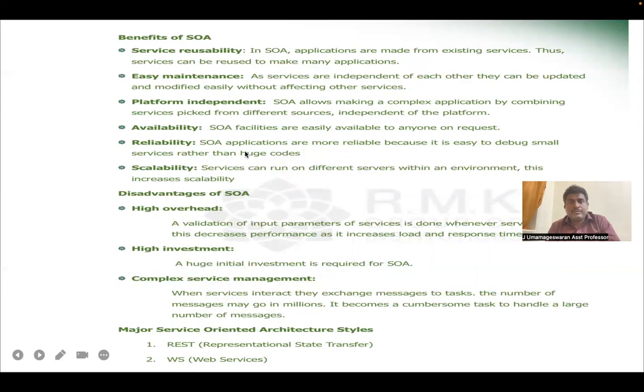Those are the major benefits. When we speak about the disadvantages, they are high overhead, high investment for implementing service-oriented architecture, and complex service management. But still, we have a lot of benefits in service-oriented architecture.